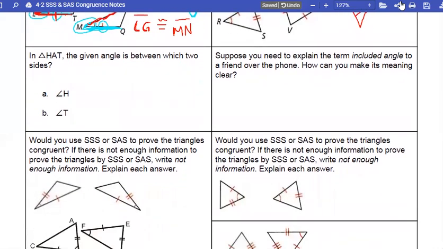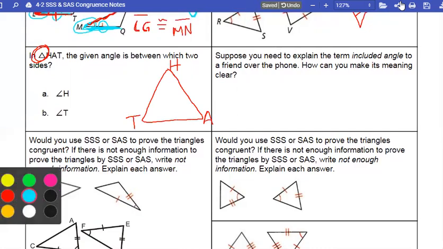All right, it says in triangle HAT, the given angle is in between which two sides? So let's just draw a picture. What are we going to be drawing here? A triangle. So we have HAT, doesn't matter how you label it. It's all going to be the same. So it says angle H. So here's angle H. It's asking which two sides are in between or makes angle H in between them.